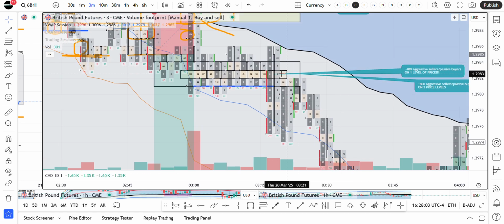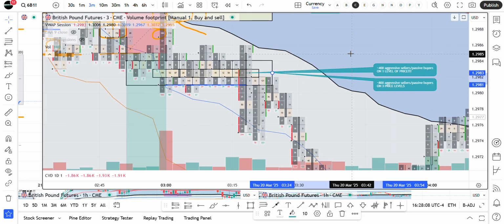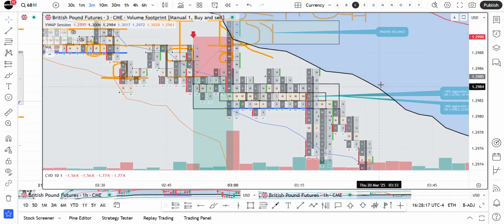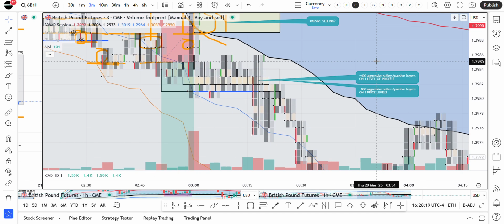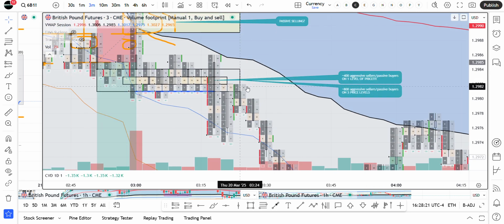So if you look at it like that, we have a third of the selling. A third of this area over 3 levels of price is selling.